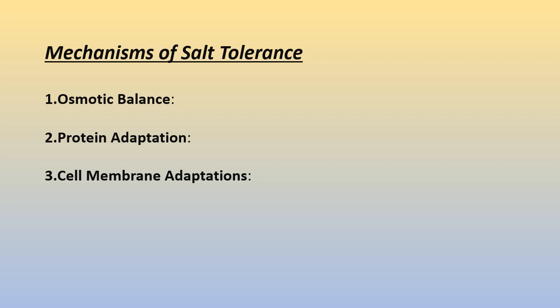Now about mechanisms of salt tolerance. How did they get adapted, what are the mechanisms that the bacteria use to adapt to a high salt concentration environment? That is very important because you will get this question in your vivas. I have listed here three mechanisms, very easy to remember. The first one is very simple and important, that is osmotic balance. Halophiles maintain osmotic balance by accumulating some compatible solutes.